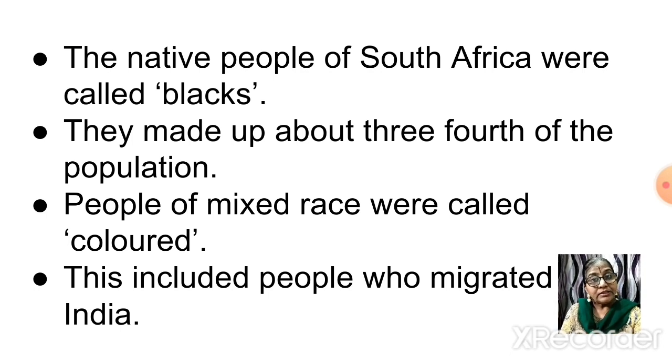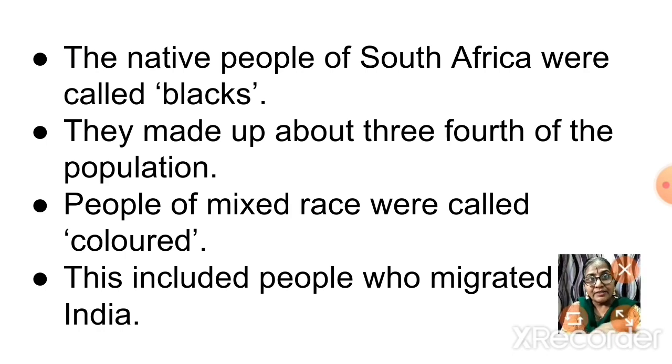Now the third race, another group of people, were the mixed race, and so they were called coloured. And people who migrated from India also belonged to this coloured group.